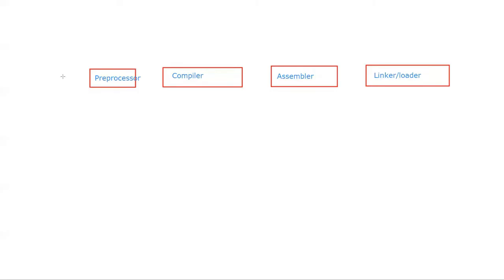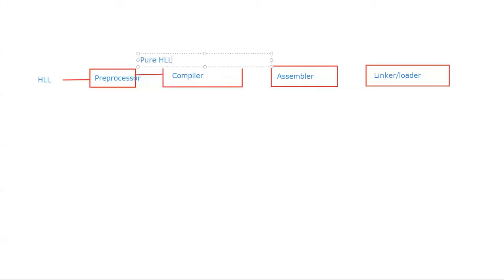Now let's see what inputs we generally provide to these softwares. First, the high level language source code will be given to the preprocessor. After the preprocessor, which we will discuss in detail, you will get pure high level language.